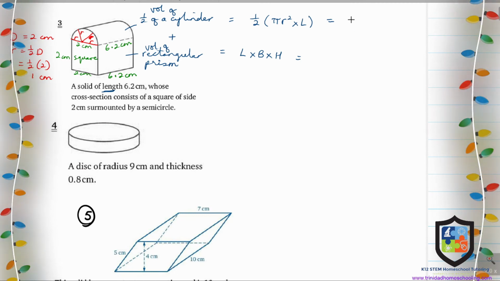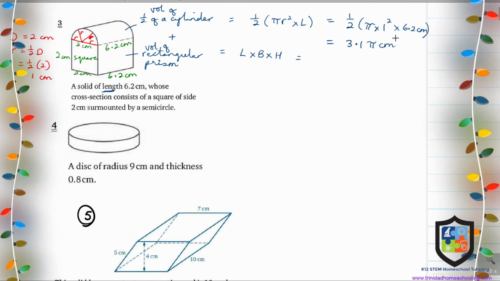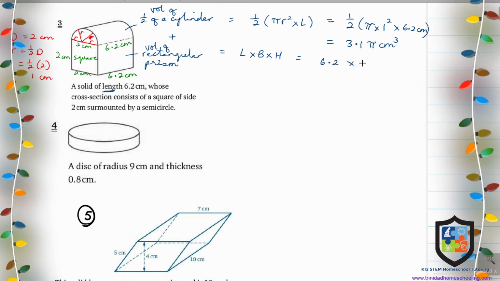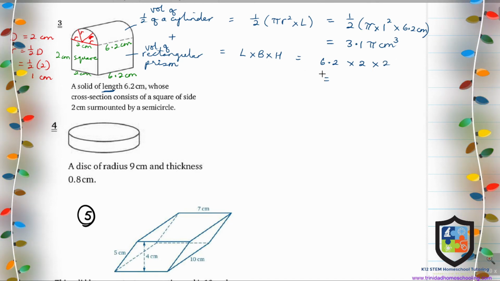So let's put in our values. A half of pi multiplied by 1 squared multiplied by the length, which is 6.2 centimeters. And that is going to be equal to 3.1 pi centimeters cubed, because it's volume. And our length is 6.2 multiplied by the breadth, which is 2, and the height, which is also 2 centimeters, because this is a square.